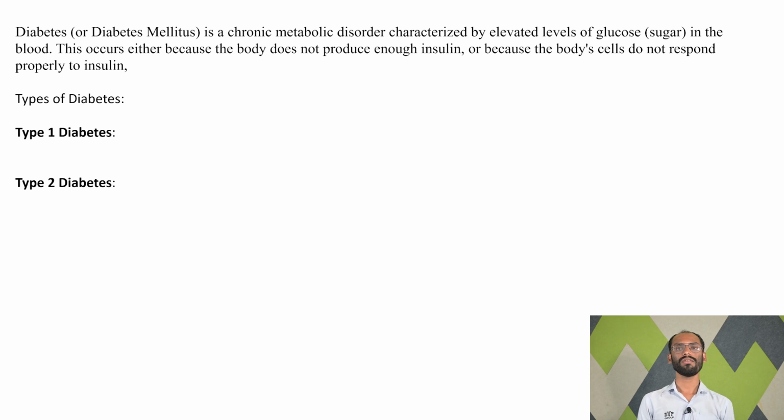Type 1 diabetes is an autoimmune disease where the body's own cells destroy the beta cells present in the pancreas. As beta cells produce insulin, there is no insulin, hence the blood glucose level increases, which causes diabetes mellitus. And type 2 diabetes is where the body does not respond well to insulin.